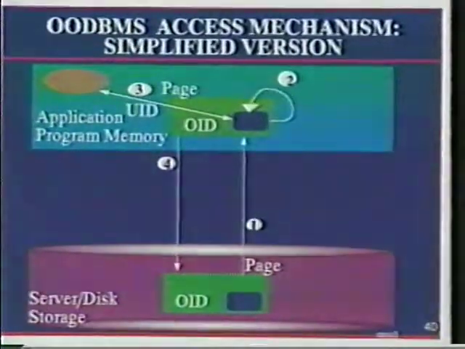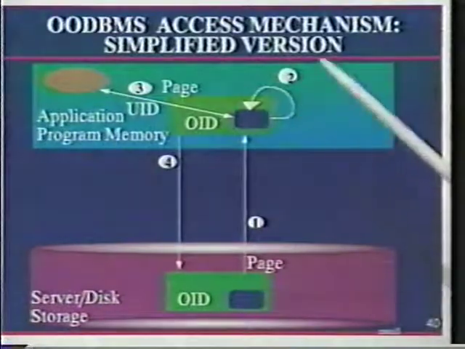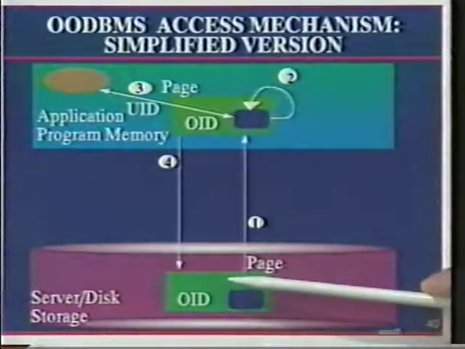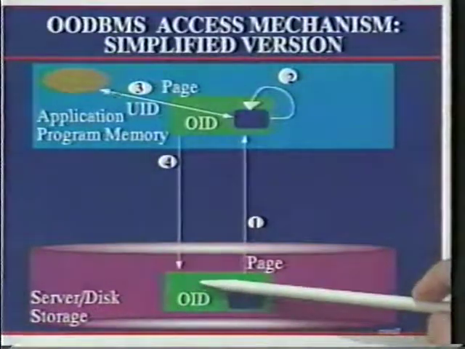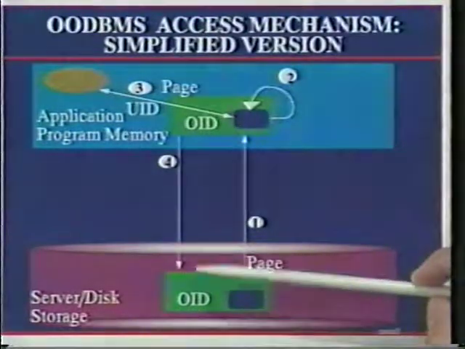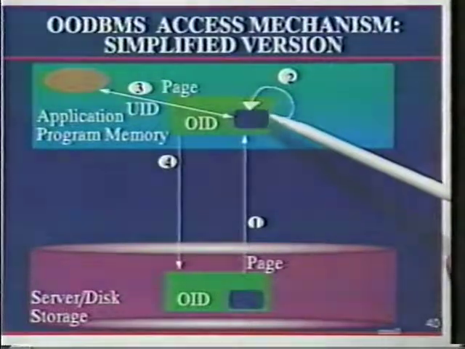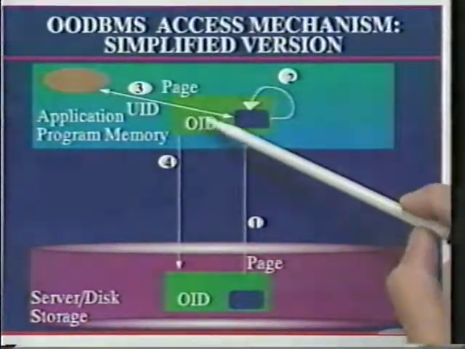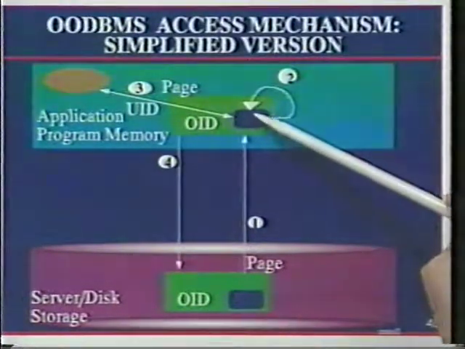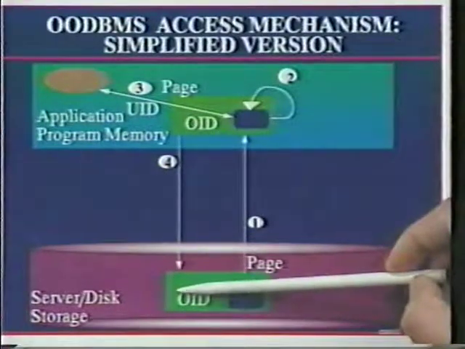These particular slides are taken from an excellent book by Cattell, who discusses and compiles a number of object-oriented systems. In object-oriented systems, we take the object IDs, and the object IDs belong to a particular page, and they are directly swapped into the application memory, and by means of some pointer swizzling, we get the representation from the OID, that's the object identifier, into the application memory, and then we directly swap it back into the disk storage.